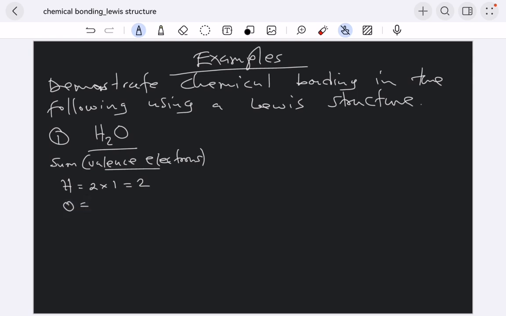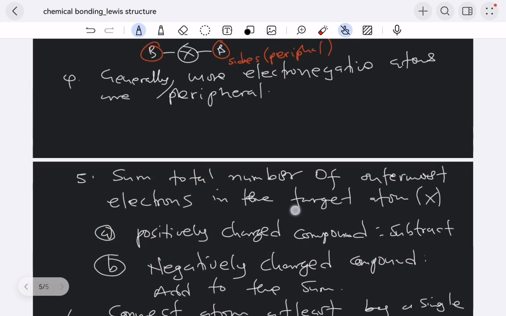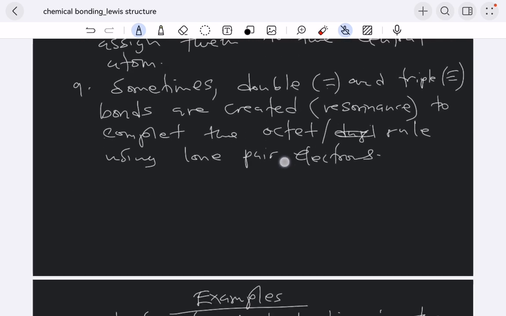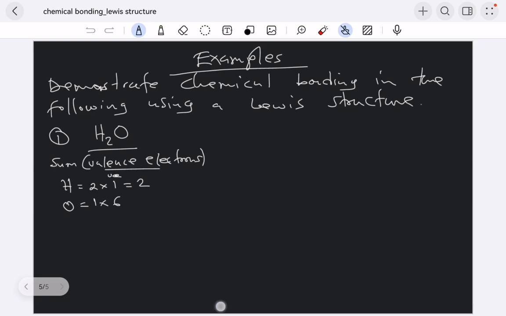Then oxygen, we have 1, and the valence electron for oxygen is 6. If we go back to what I gave here, the valence electron here is 6, so this will give us 6. So we add this together, it's a neutral compound. This gives us 8.